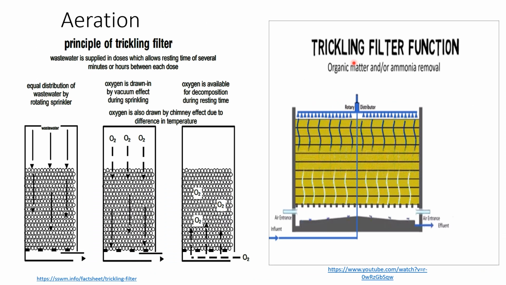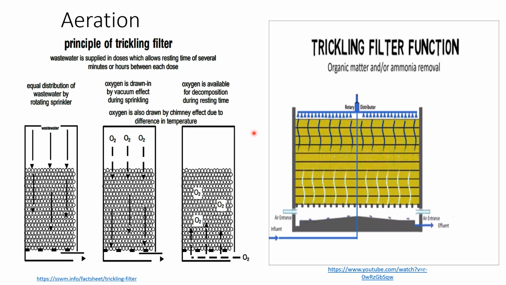Trickling filter works on the aerobic biological process. So here proper aeration is essential for efficient functioning of the trickling filter. Large ventilations at the bottom of the tank and enough void space in the media give proper aeration in the trickling filter.